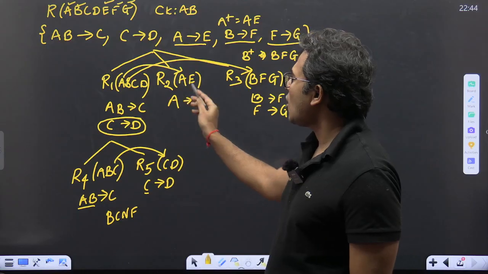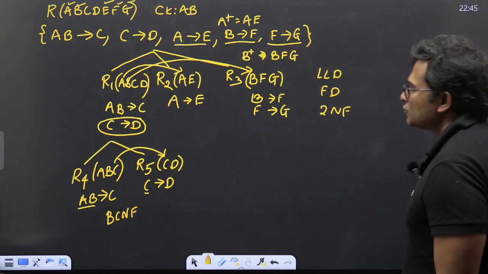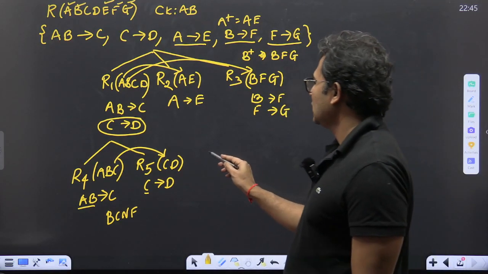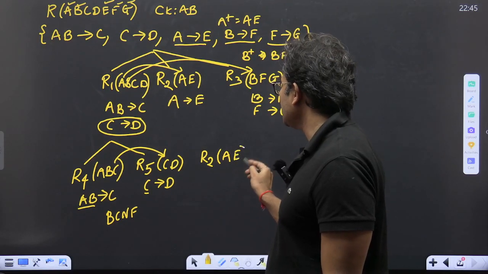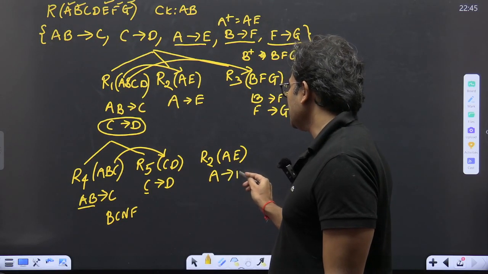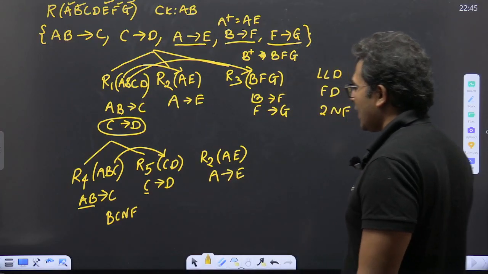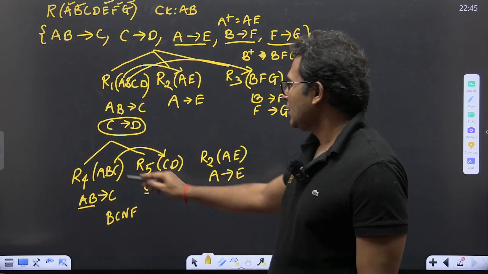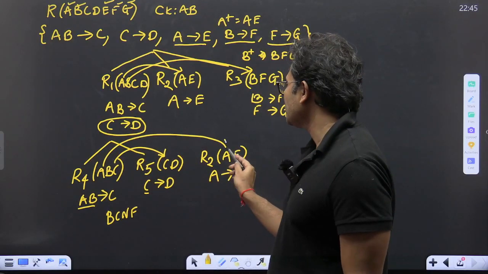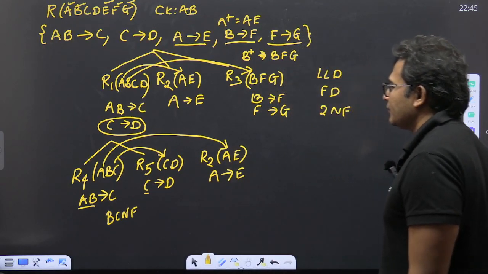Now coming to R2, there is no need to split the table at all, right? So R2 is what? A determines E, AE. Now left hand side is a candidate key, therefore there is no need of further decomposition. This A will be referring to this A as a foreign key, right?